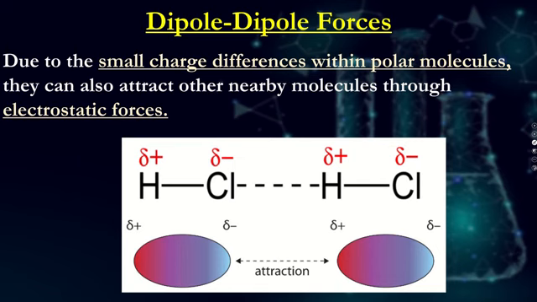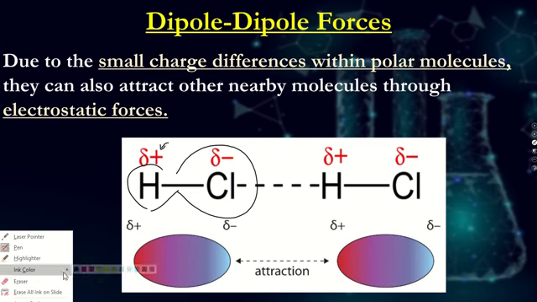When we're drawing this out, we said hydrogen doesn't really attract a lot of electrons towards it, so it's got a net positive charge. Chlorine wants to take as many electrons as possible, so it has a net negative charge.